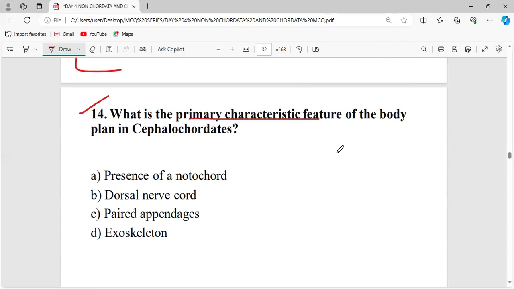Now, what is the primary characteristic feature of the body plan in cephalochordates? Presence of notochord, dorsal nerve cord, paired appendages, exoskeleton. For these types of questions, you have to know clearly the general characteristic features of urochordates, cephalochordates, and hemichordates. Only then can you give a correct answer.